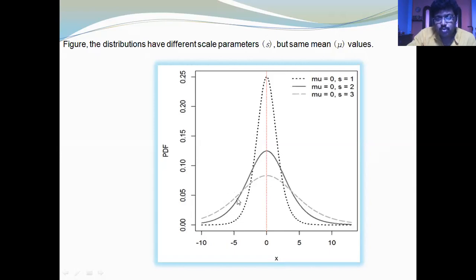It is much flatter. So there are 3 logistic probability distribution curves depending on the variation of the scale parameter.